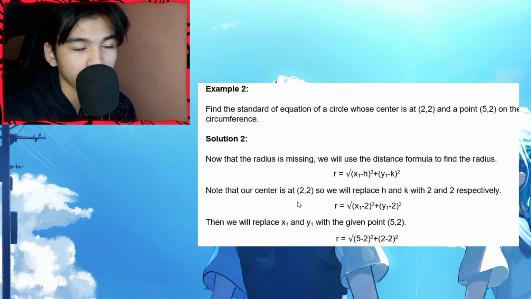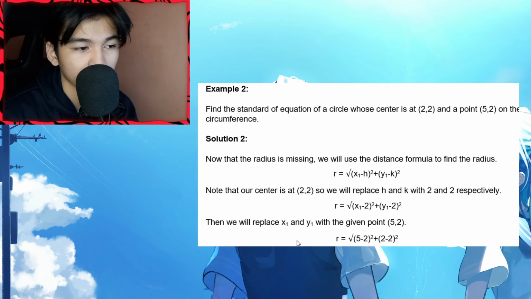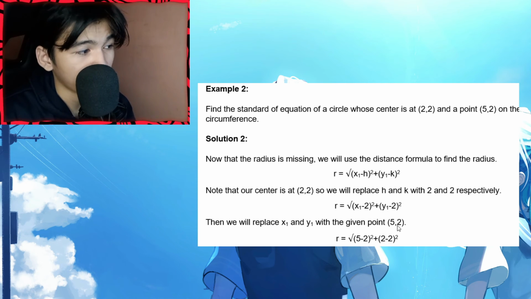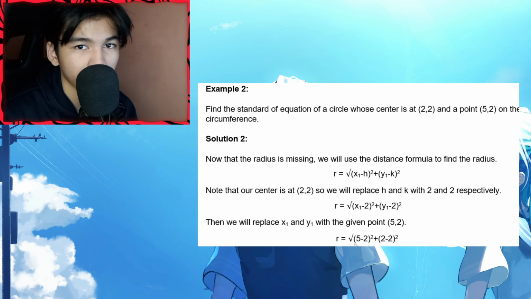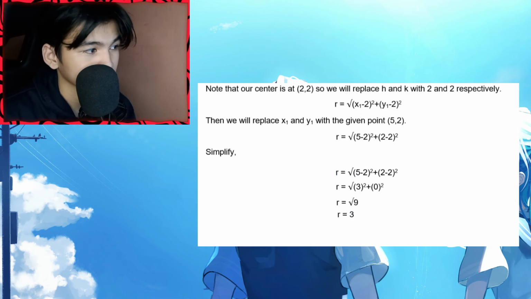Note that our center is 2 and 2, so we will replace h and k with 2 and 2. So it will become r equals square root of x1 minus 2 squared plus y1 minus 2 squared. Then we will replace x1 and y1 with the given point 5 and 2. So it will become r equals square root of 5 minus 2 squared plus 2 minus 2 squared.